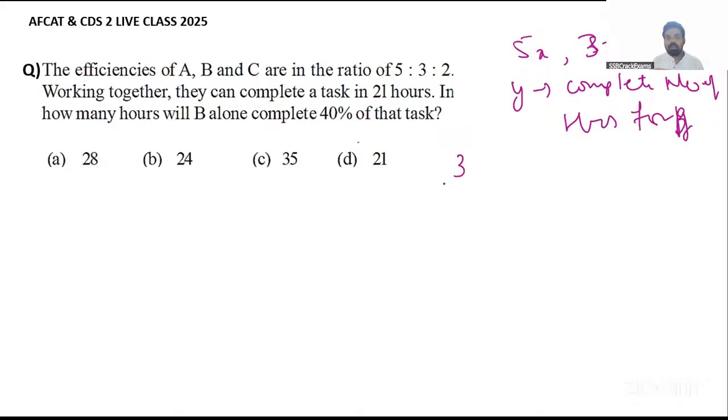It will be 3 upon Y, sorry, not X. All right, so this is the efficiency. Everyone is cancelling out with the same factor X, so we can plug in any of the factors. You need not worry about that: 5 upon Y and similarly 2 upon Y. This is the 1 hour work.